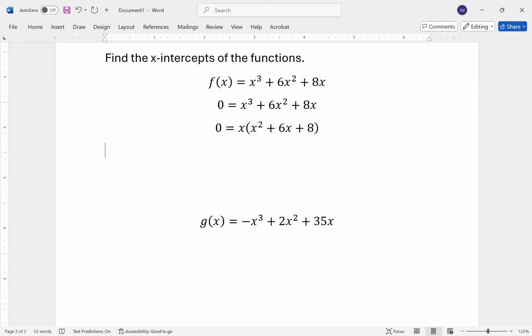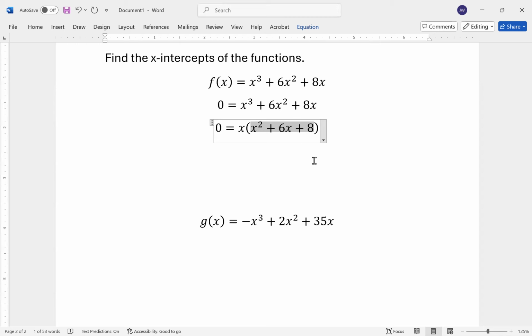Once I do that, then I can look at this quadratic inside of the parentheses and factor that. x squared plus 6x plus 8. Well, I can factor that into x plus 2 times x plus 4. I look for factors of 8 which add to 6.